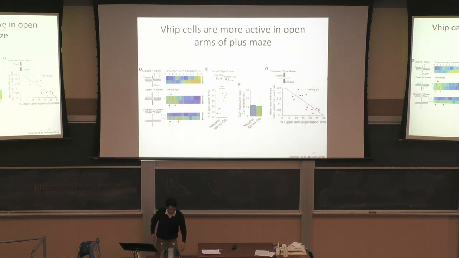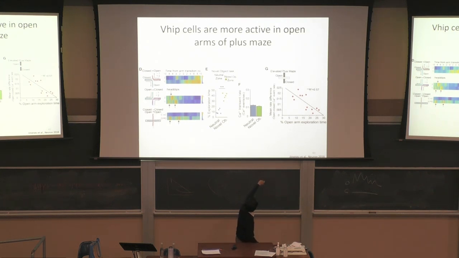Okay, so what that means is that, let's erase. Okay. So let's say this is the open arm and this is the closed arm, and one particular mouse perhaps had a lot of activity in open arm like this and no activity in the closed arm. So in this mouse, the difference in activity between open arm and closed arm is very large.